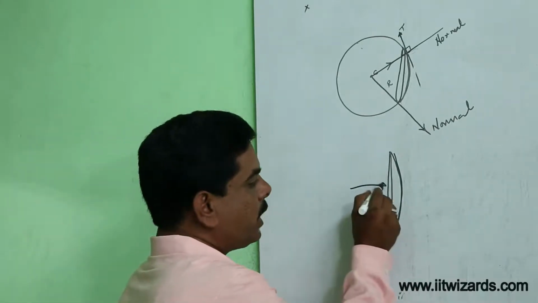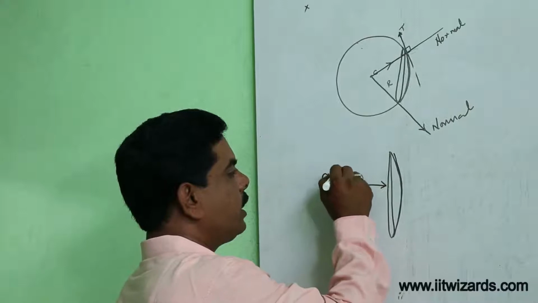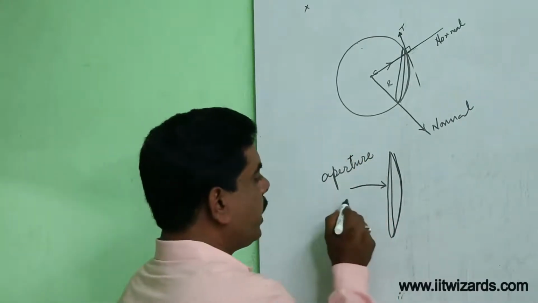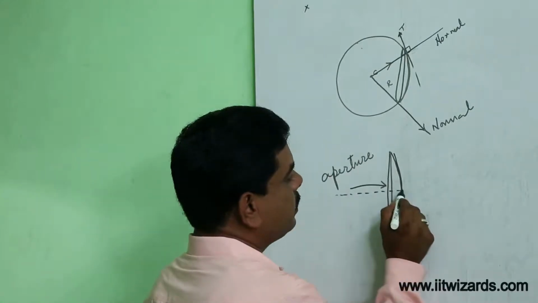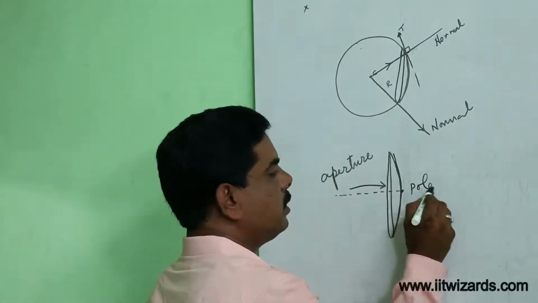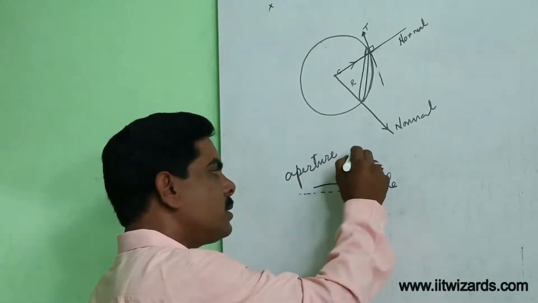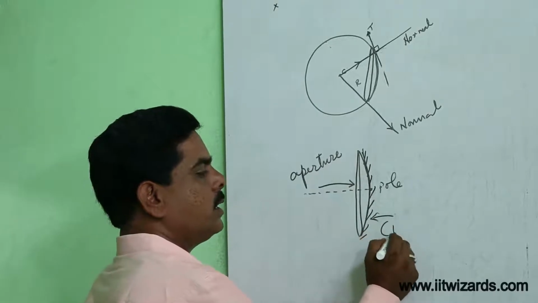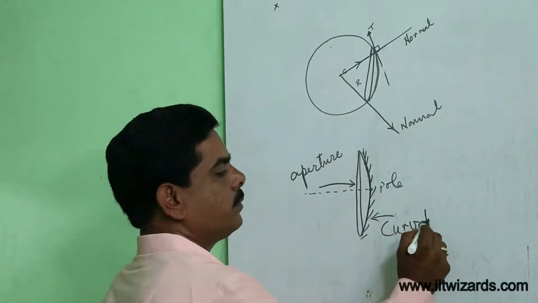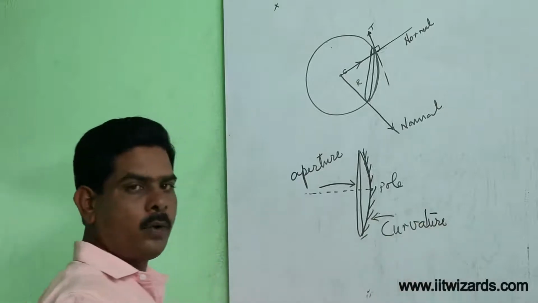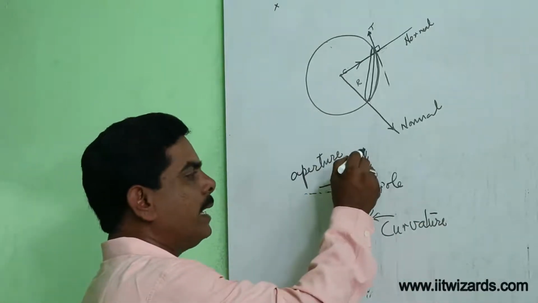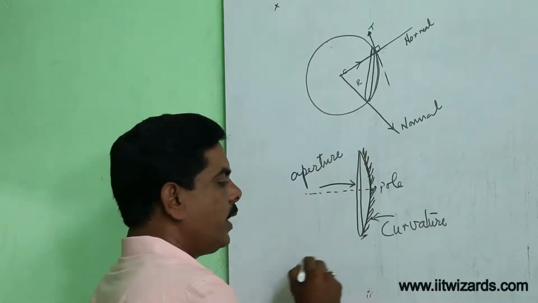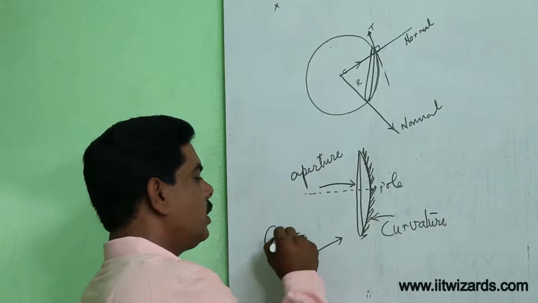This part we call the aperture. This is the aperture of the mirror. Likewise, the deepest point you call the pole, and this is the curvature. Clear? Now, if on this curvature you have mirrored the outer surface, then we call this the concave mirror.